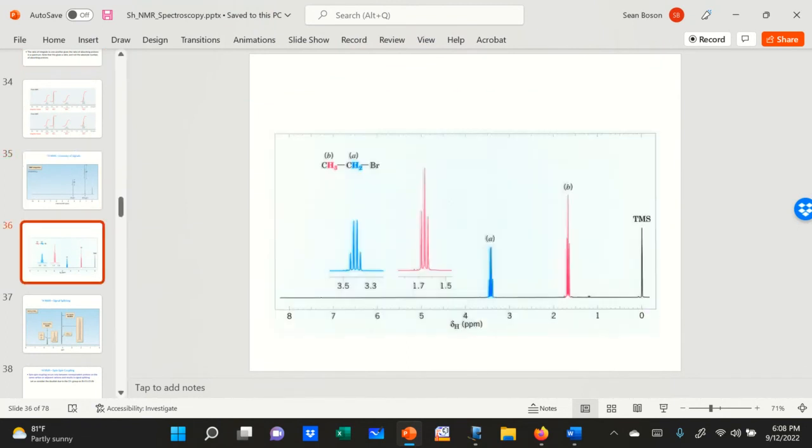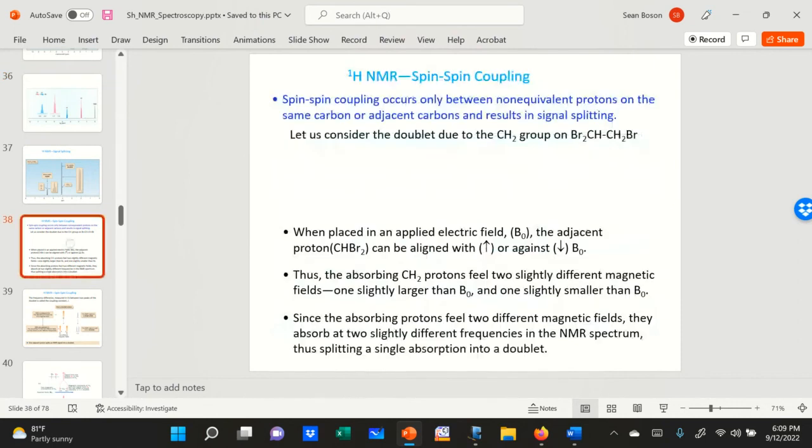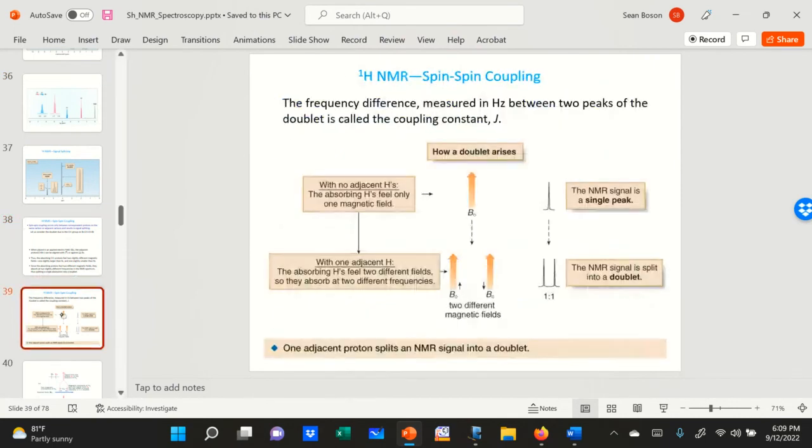Intensity discussion is followed by what is called coupling. When I say coupling, what we basically mean is this: for the hydrogens we look at in a molecule, say CH3, CH2Br, you have only 2 absorption signals, but each signal is actually broken down into multiple signals. That happens because any proton couples with the spin of the neighboring proton. That is why it is called spin coupling.